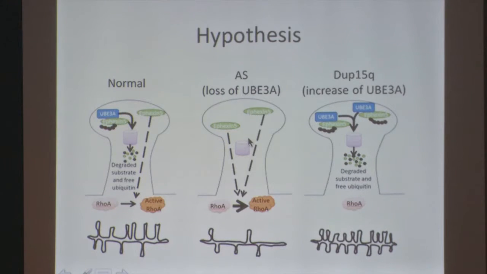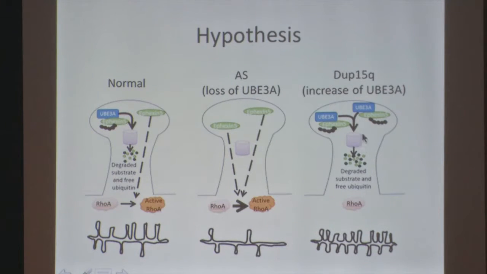So this just recapitulates what I've been saying. Under normal circumstances, there's a reasonable balance of Rho-A and RAC1 activity, and you get a reasonable number of protrusions. In the Angelman syndrome situation, you might have a downregulation of UBE3A degradation of affexin, and that would activate Rho-A to a larger extent and cause the loss of protrusions.